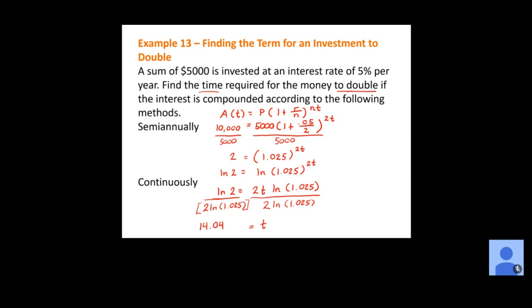Years. Good. So just remember with these formulas, our time is always going to be in years. So just over 14 years for our money to double at that interest rate. Any questions on any of those steps?